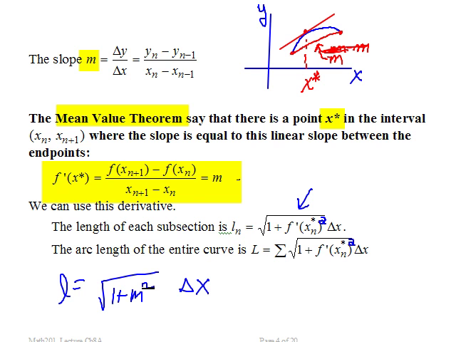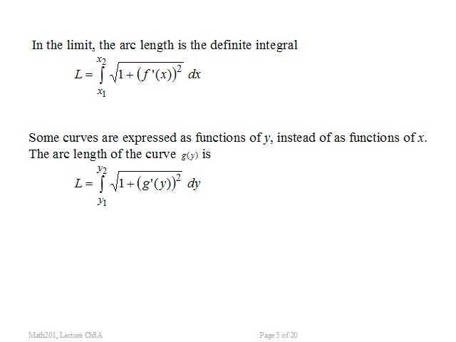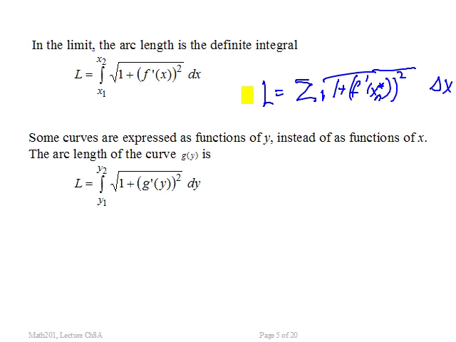Now we can take the limit. Remember, L is equal to this finite sum of the square root of 1 plus f prime at x star squared, times delta x, for each little section running from n equals 1 to n, the number of subsections that we created.